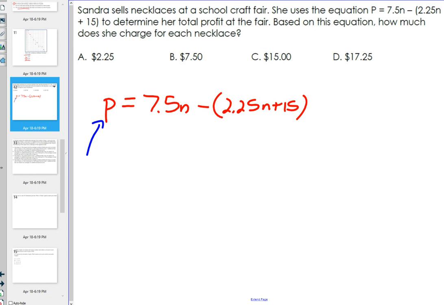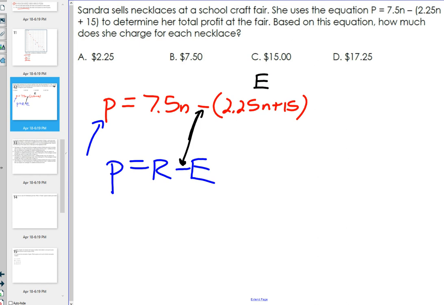Do you know how profit is calculated? Like, what profit means? Yeah, profit is revenue minus expenses: how much money you bring in minus however much money left out. So where the minuses are, that would lead me to believe this was her expense.